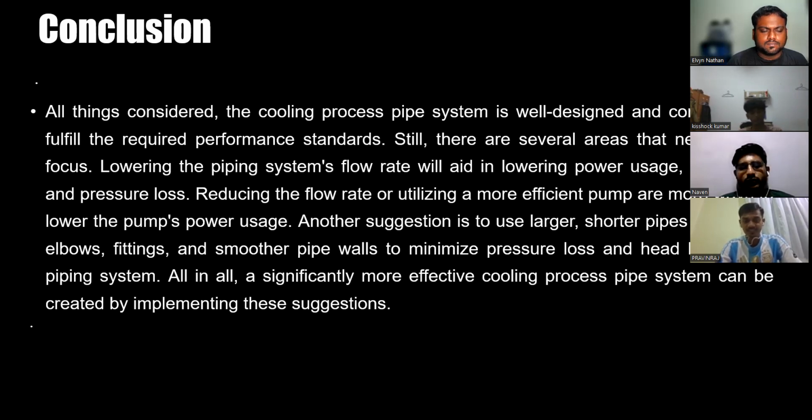Another suggestion is to use larger or shorter pipes with fewer elbows and fittings, and also smoother pipe valves, to minimize pressure loss and head loss in the piping system. All in all, a significantly more effective cooling process pipe system can be created by implementing these suggestions.